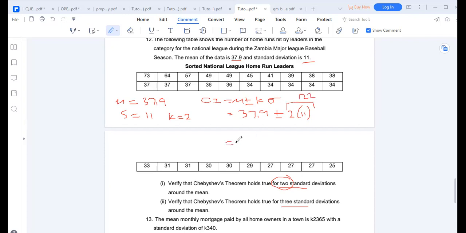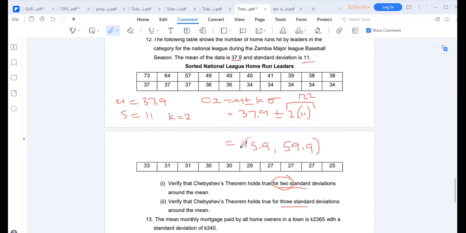So the lower bound is what? That's 37.9 minus 22. What are we getting? 15.9, the lower bound. The upper bound is what? 59.9.